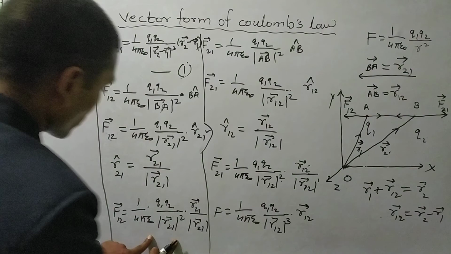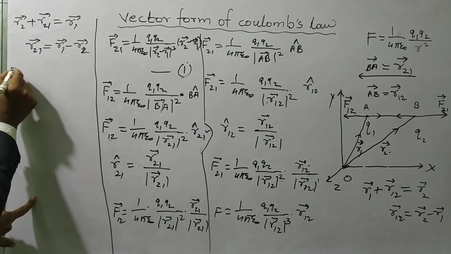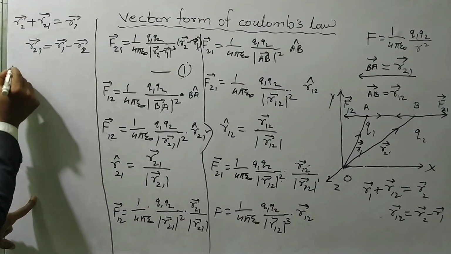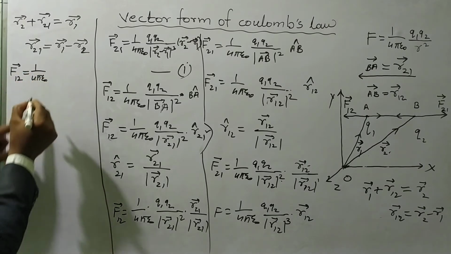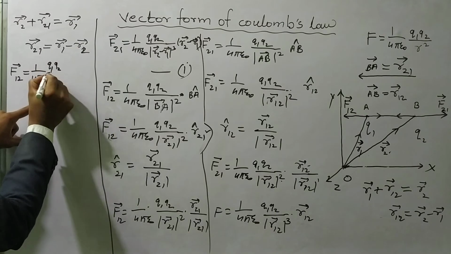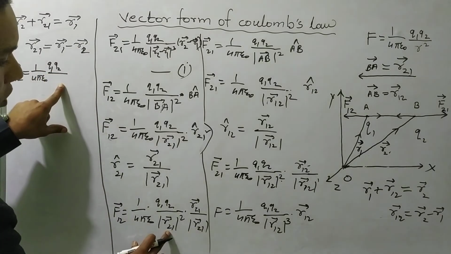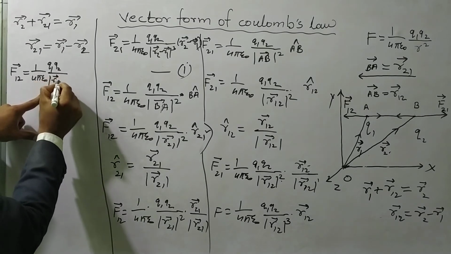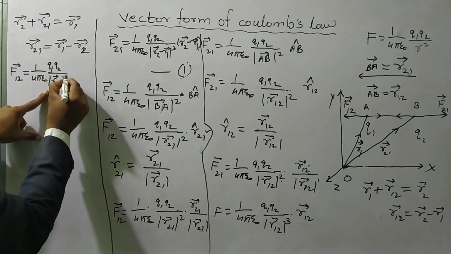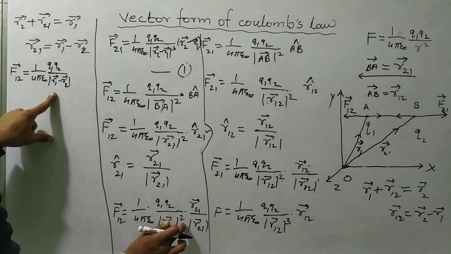So from this equation the force vector F12 will be 1 upon 4 pi epsilon naught Q1 Q2 upon the modulus of vector R1 minus vector R2, squared.